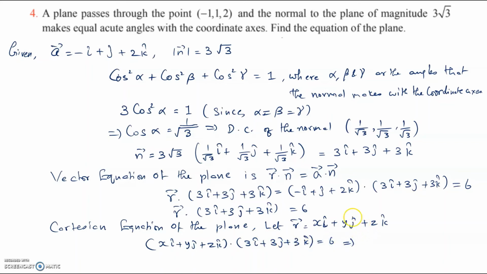This gives 3x + 3y + 3z = 6, which is our Cartesian equation of the plane. Further, we can simplify this as x + y + z = 2.